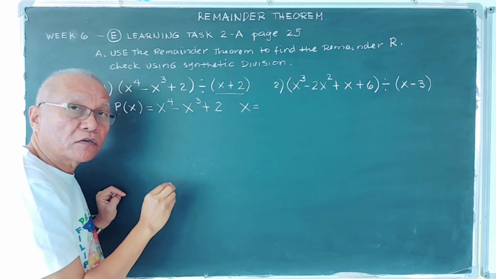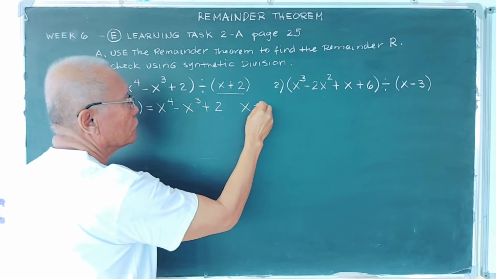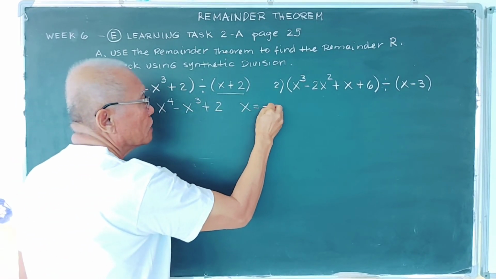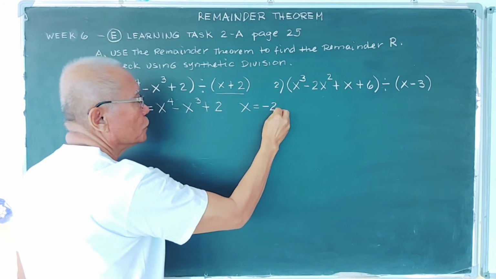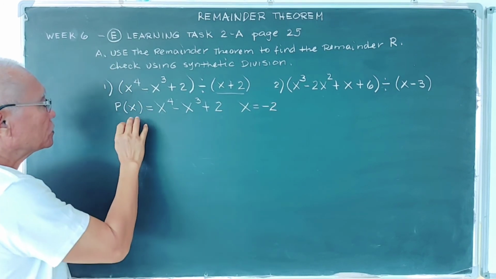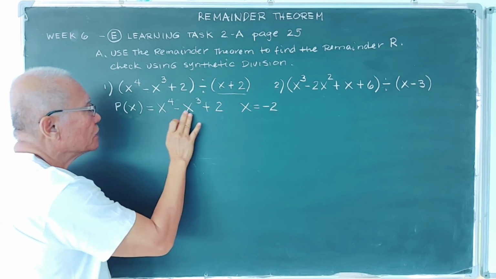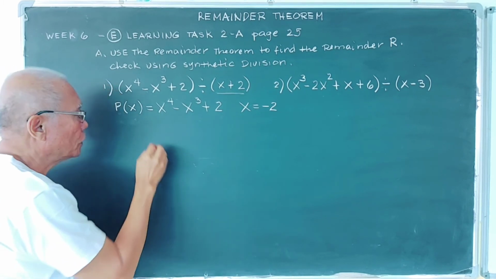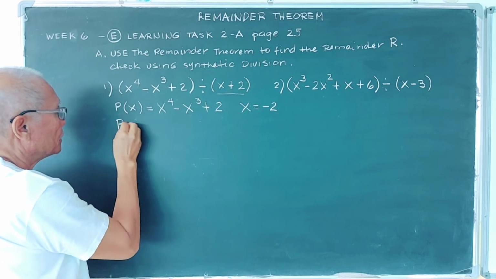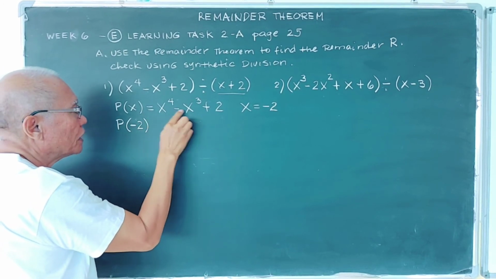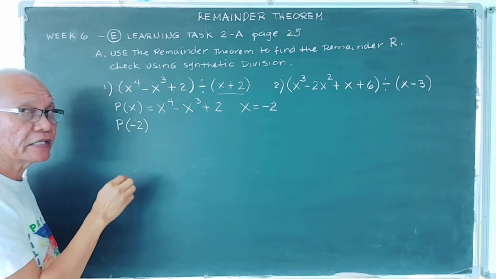This one is positive, magiging negative. Kung negative, magiging positive. So, you have negative 2. So, dito, itong x, ang ilalagay natin sa mga ito is yung negative 2. So, ganito na siya. P of negative 2. Ibig sabihin, yung mga x na yon dati ay magiging negative 2.